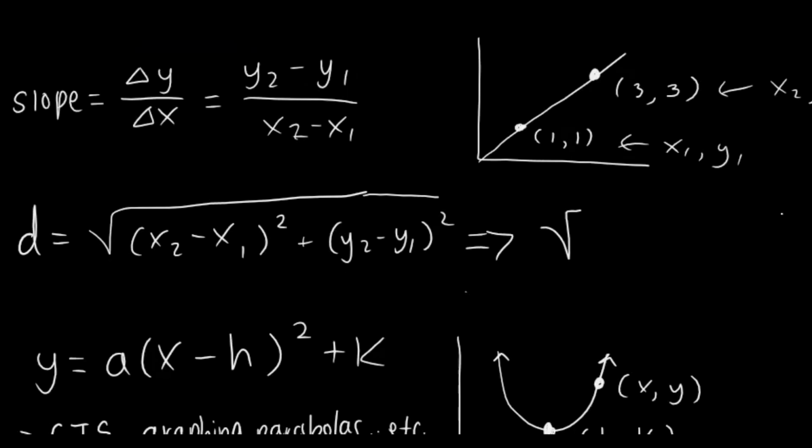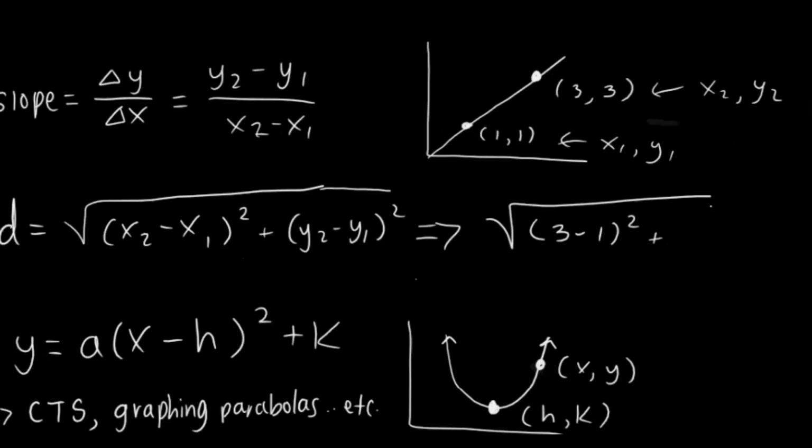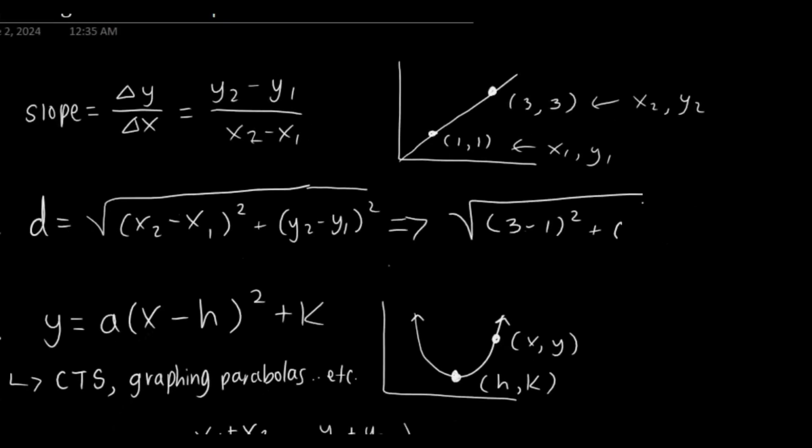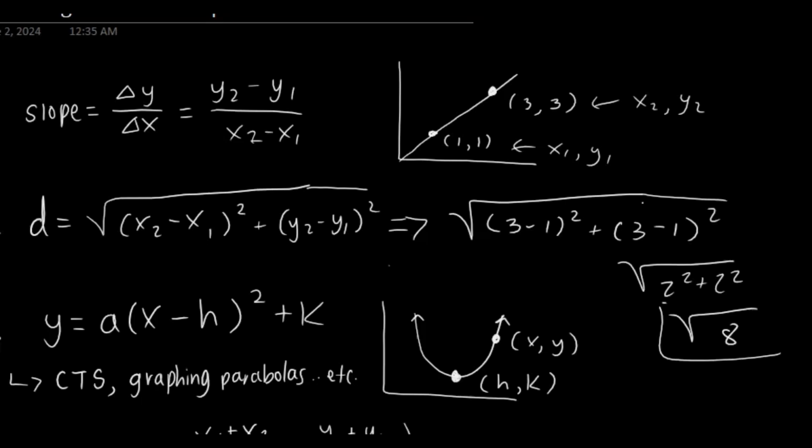So x2, I know is going to be 3, minus x1 is 1, and that is squared, plus y2, which is also 3, minus y1, which is 1. And that's squared. So what we're going to end up getting is just 2 squared plus 2 squared. So that's just 4 plus 4, and so square root of 8 is the distance in between those 2 points.